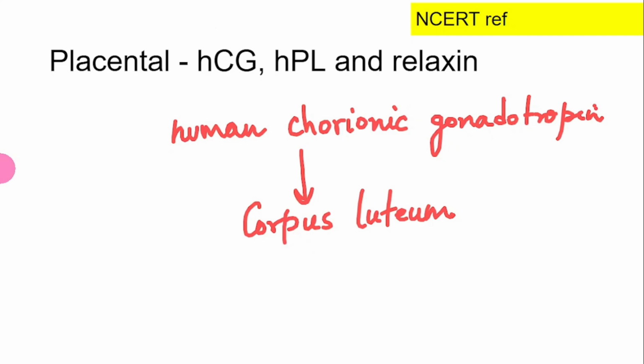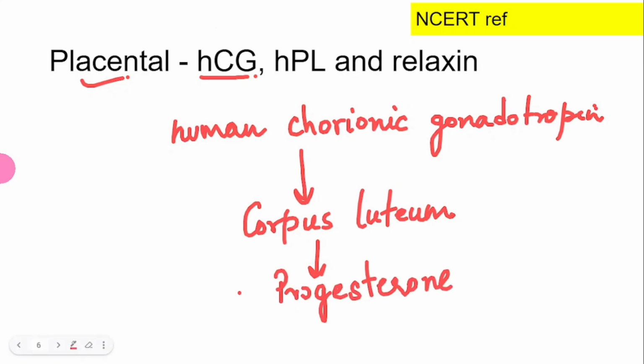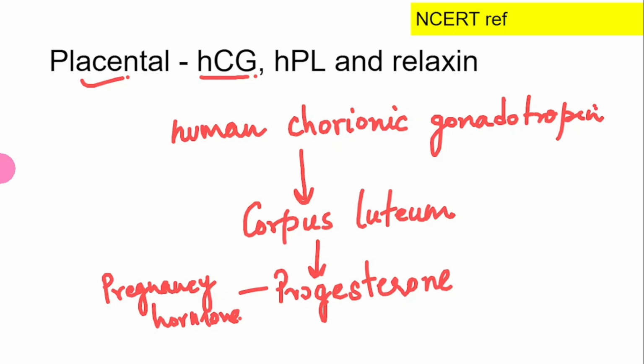But if fertilization occurs and implantation occurs, then the placenta formed by implantation will immediately start producing HCG, and HCG will take care of the corpus luteum. It will prevent degeneration of the corpus luteum. And this corpus luteum will in turn produce progesterone. Now, this is an important pregnancy hormone. It will take care of the uterine lining, and this is how it supports pregnancy.